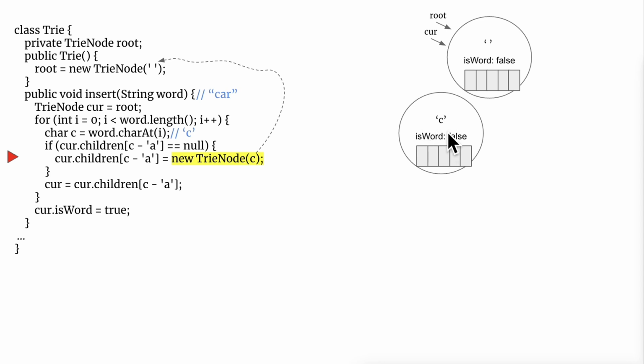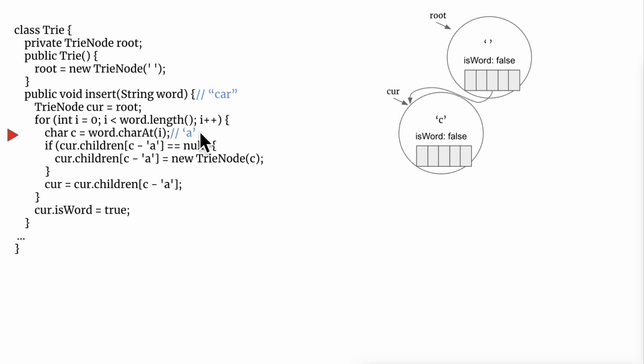This time, my new trie node is created with character value C, along with the word value set to default false, and a default 26-size array to store its children pointers. This statement means that the reference to this new node should be stored at this specific index. And then we copy this trie node reference address to the pointer cur. So currently, the pointer cur refers to this node.